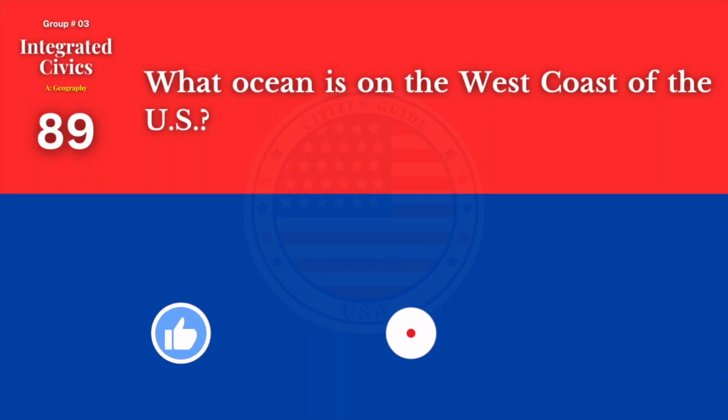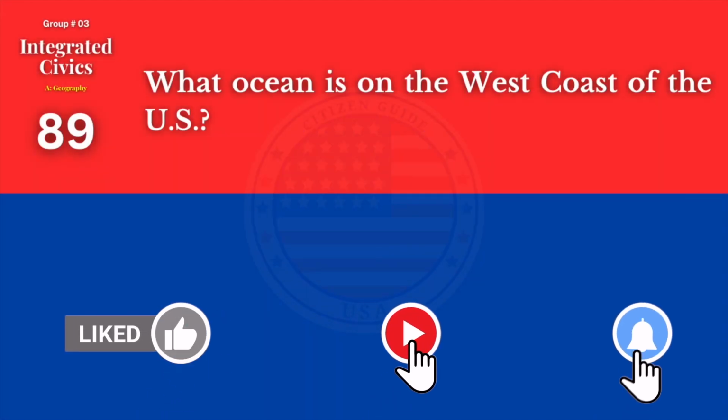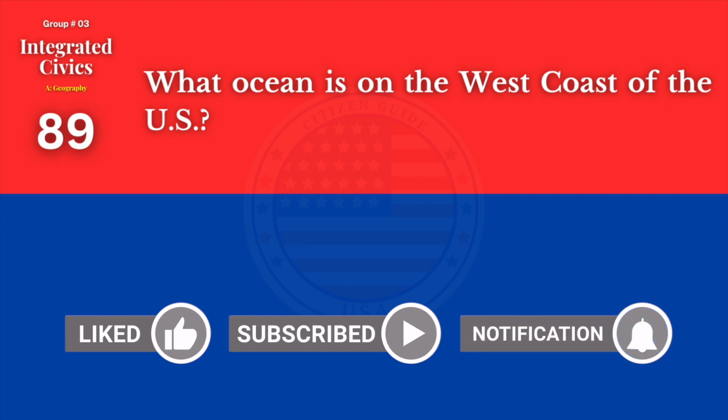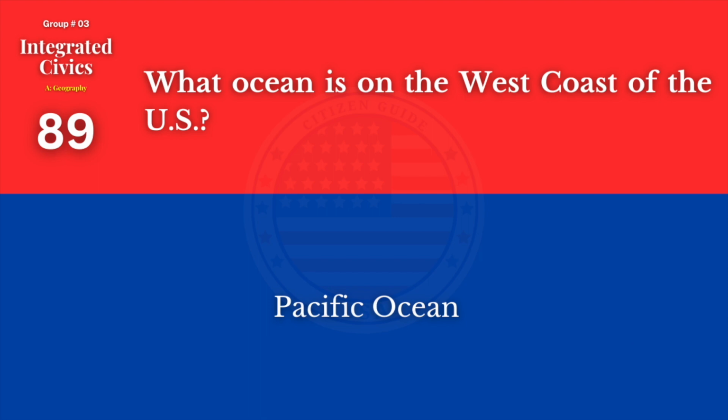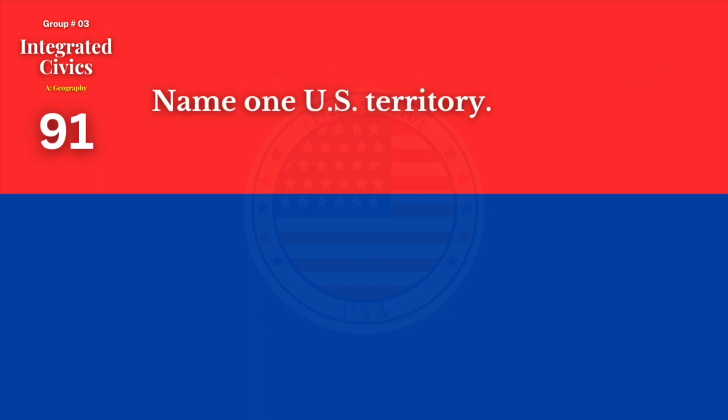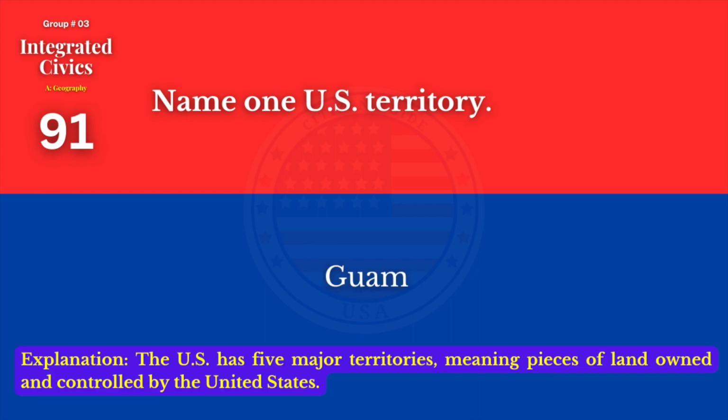What ocean is on the west coast of the U.S.? Pacific Ocean. Name one U.S. territory. Guam.